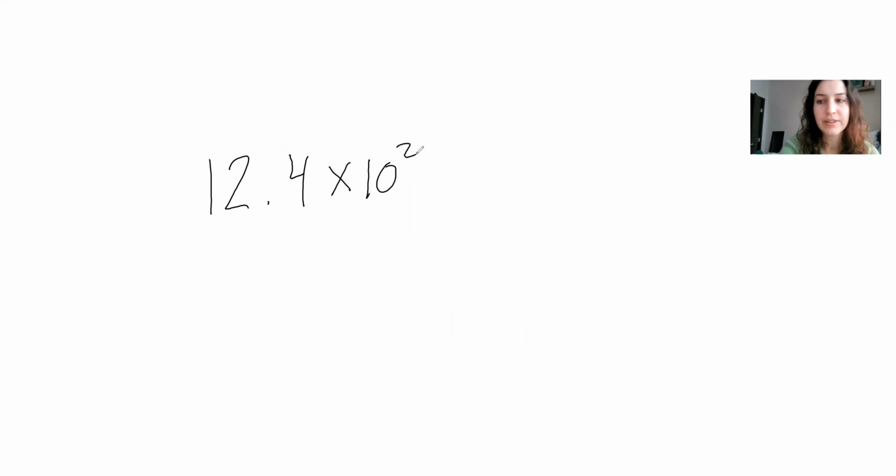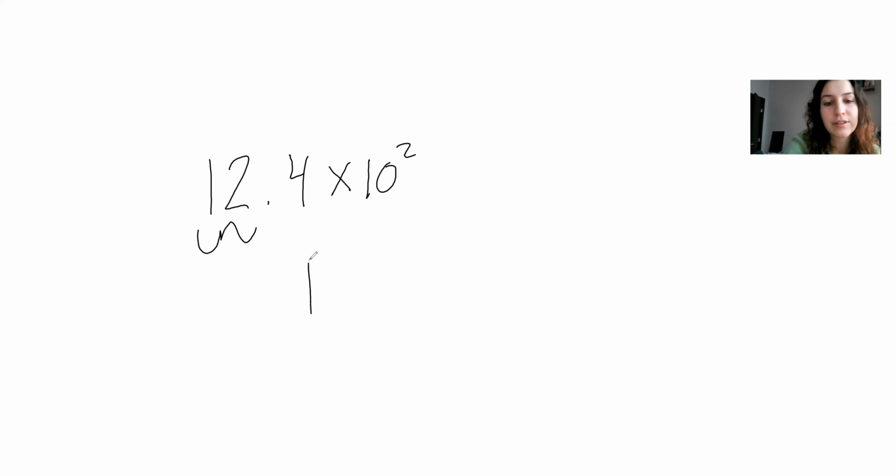All right, and now for our last example, we have 12.4 times 10 squared. So what's the difference with this number? In all the previous examples, we only had one digit on the left of the decimal, and now we have two. But does that change our process at all? It doesn't.